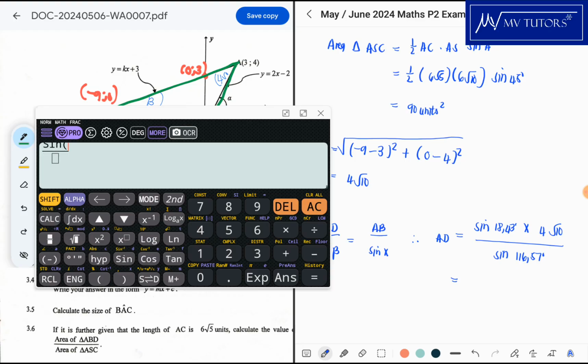Okay, so sine 18.43 multiplied by 4 root 10 divided by sine 116.57. So we're getting an answer roughly of 4.47 units. Okay, great.